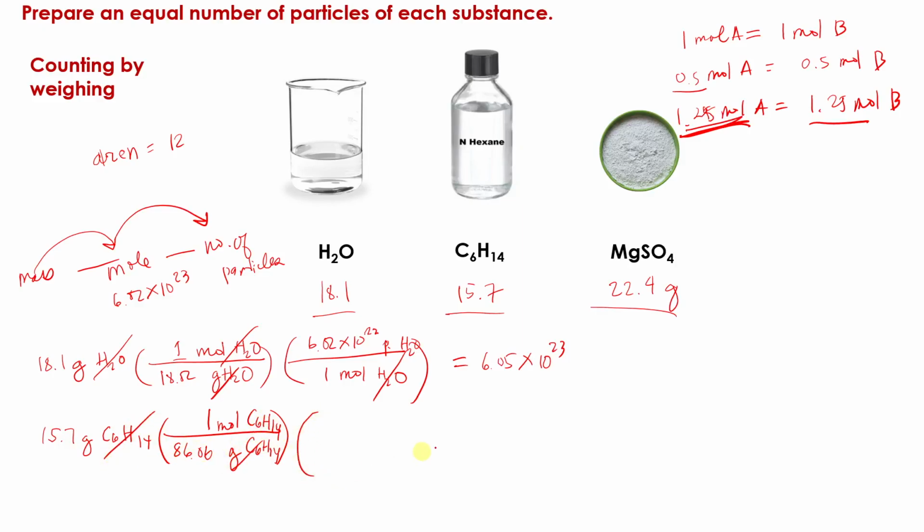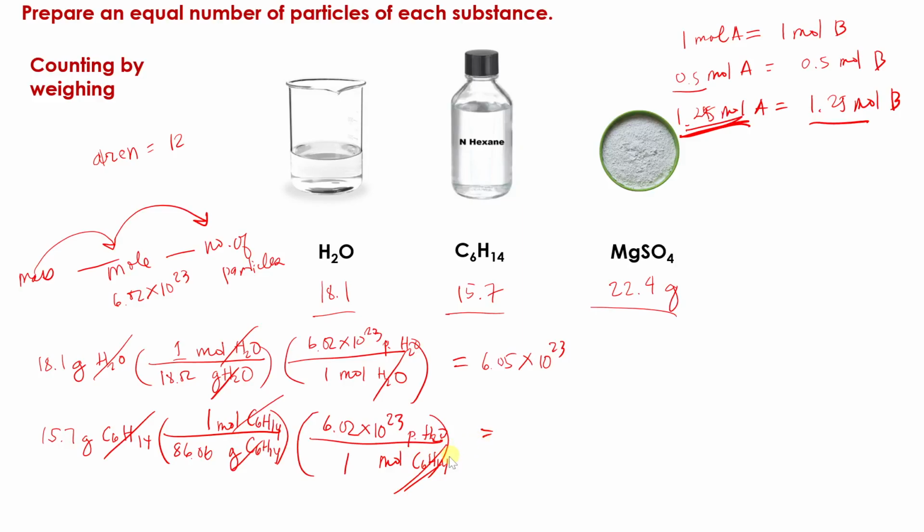And then from the number of moles of C6H14 to the number of particles, we have 6.02 times 10 to the power of 23 particles, 1 mole.